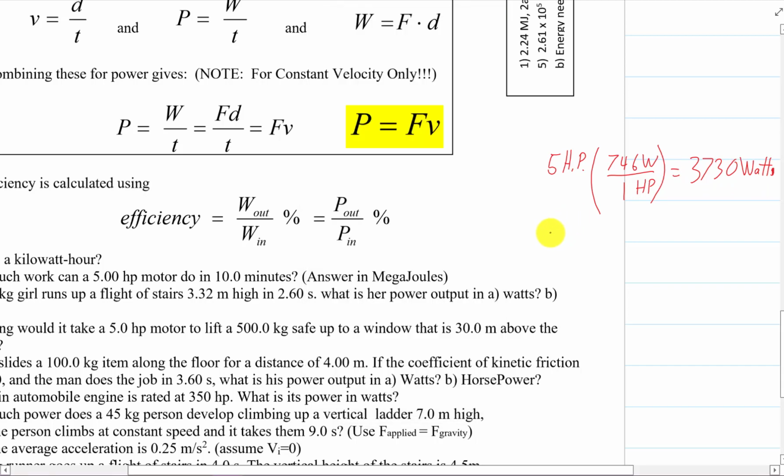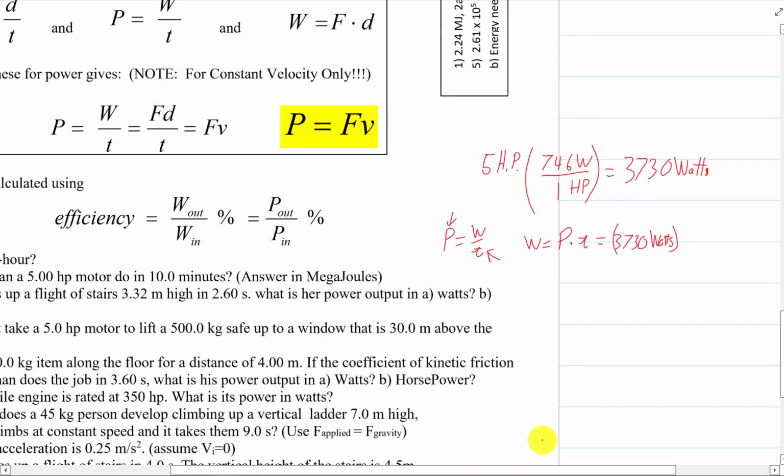So we're asking how much work. Our formula is power is work over time. We have the power, we have the time, so work is just going to be equal to power times time. That is going to be 3,730 watts, and 10 minutes is 600 seconds.